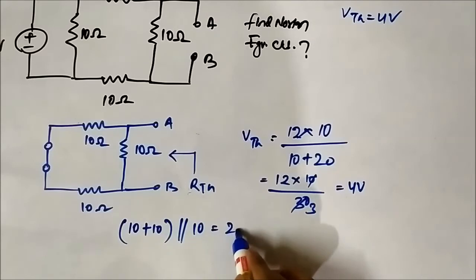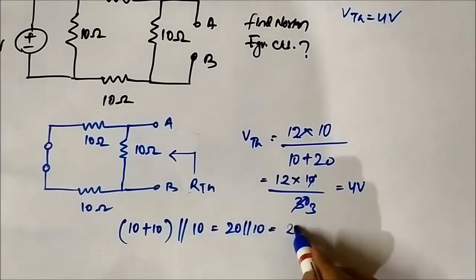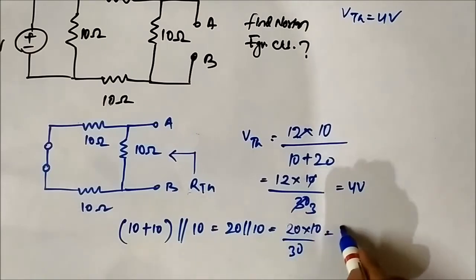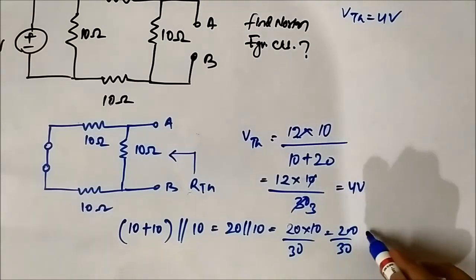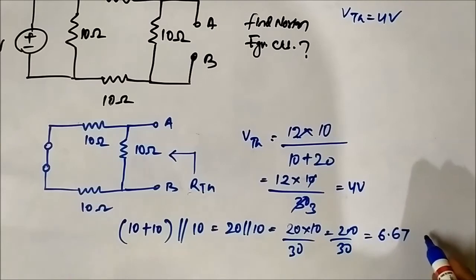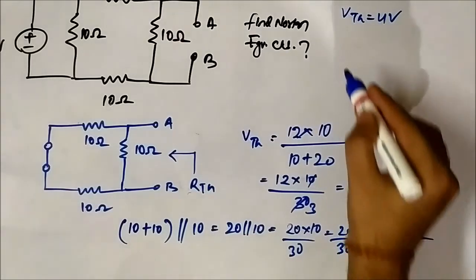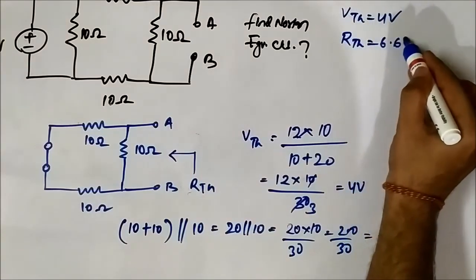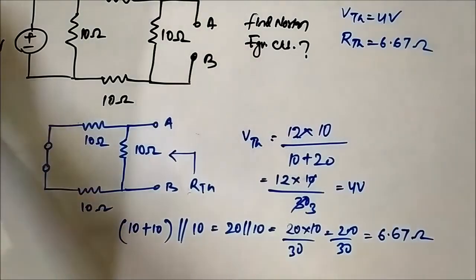So it is 20 parallel 10, which is 20 into 10 by 20 plus 10, which is 200 by 30, which is coming around 6.67 ohm. So RTH is 6.67 ohm.